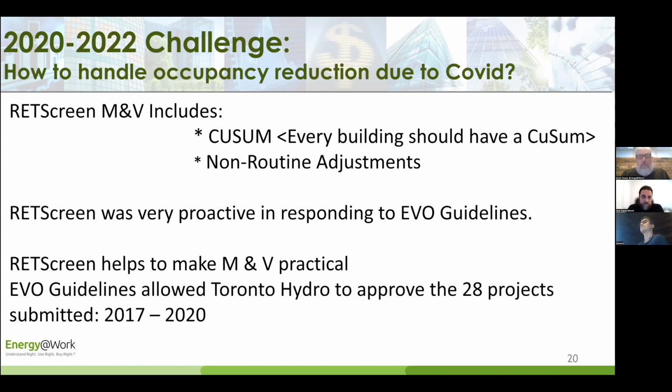We were fortunate enough that EVO published guidelines for non-routine events and non-routine adjustments, and more fortunate that the RETScreen team was very proactive in implementing it. We had very open dialogue with both organizations, and RETScreen wanted to be the first implementer. They contacted us, knowing that we had some projects underway. So we had 28 projects almost completed under RETScreen's new software version using EVO's guideline that was based on the non-routine adjustment, non-routine events.